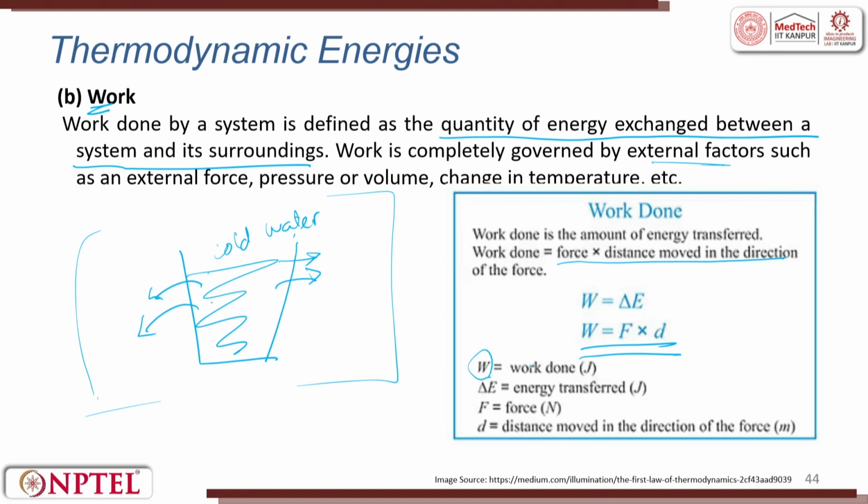The unit for work is always joules, so ΔE, the energy transferred, is also in joules. The force is in newtons, and d is distance, which can be in meters or millimeters or microns. It is a linear scale. Through this, you can figure out how to calculate work done. Work done is equal to ΔE.